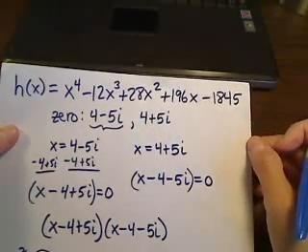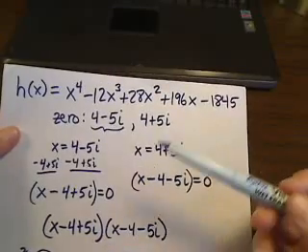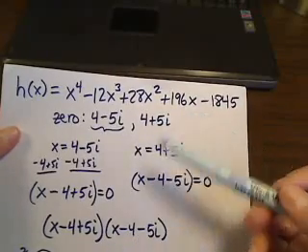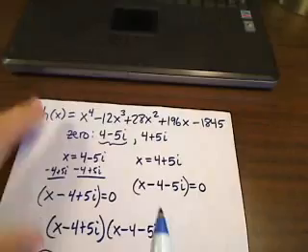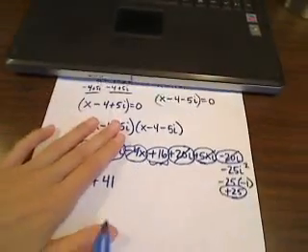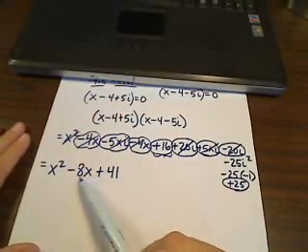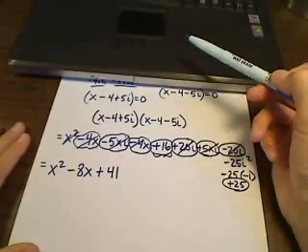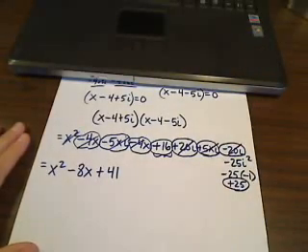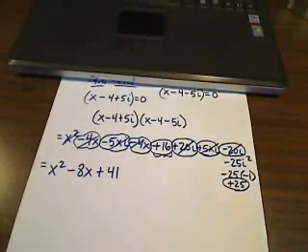Okay, so in order to find the other quadratic factor, what we're going to have to do is take this quadratic right here and long divide it into our original function. So it's going to look like this.